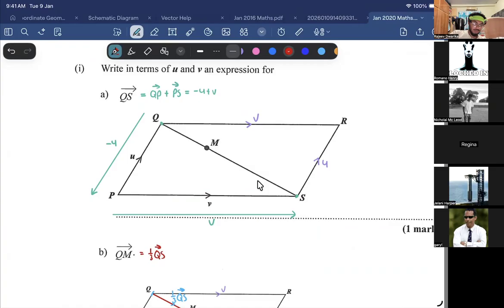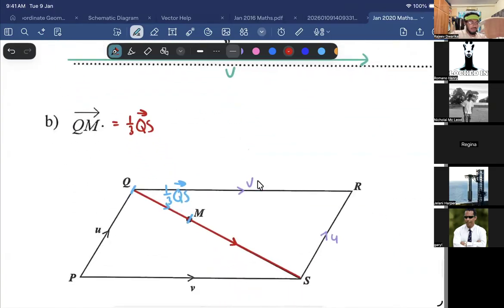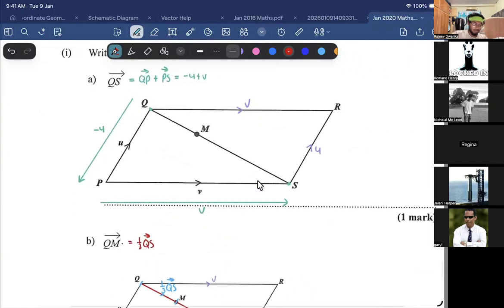So it's not 1/3 QS, then 2/3 QS. Nah. I feel like you're severely overthinking this.